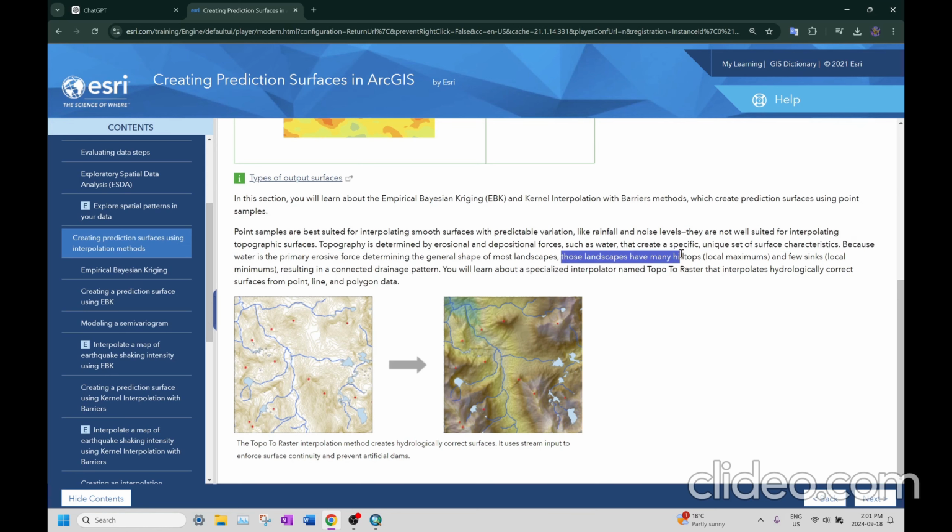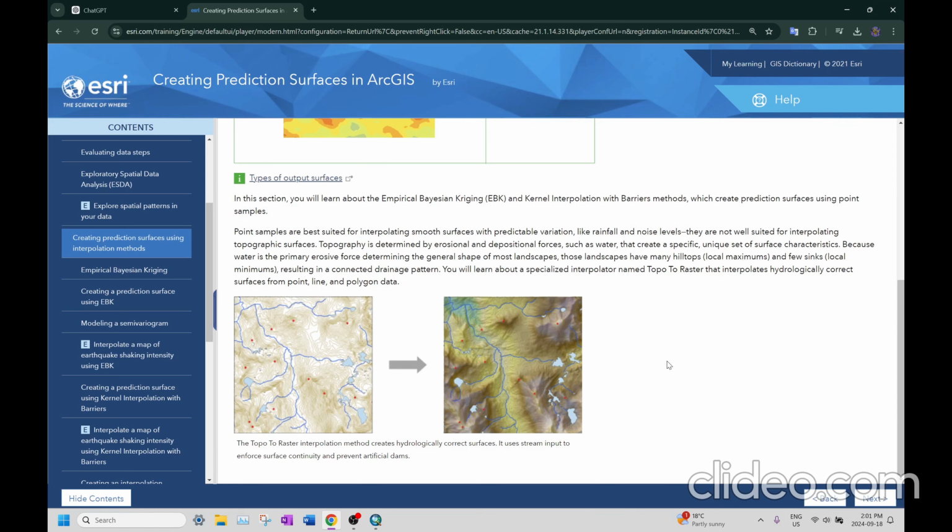Those landscapes have many hilltops or few sinks, and we prefer to use Topo to Raster. The Topo to Raster interpolation method creates hydrologically correct surfaces. It uses stream input to enforce surface continuity, look at this, and prevent artificial dams.